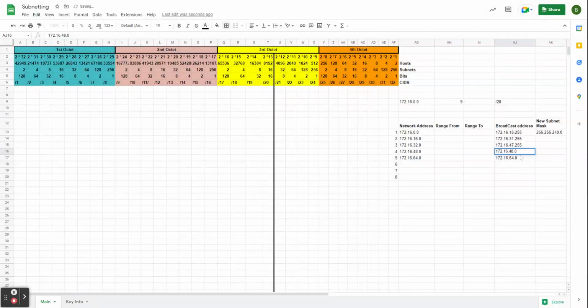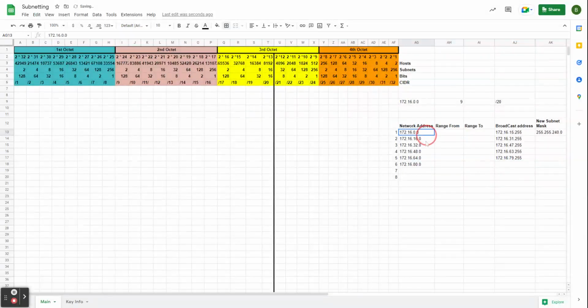The next one, 172.16.63.255. The next network, if you want to make life easier for yourself, would be 172.16.80.0. So this one would be 172.16.79.255. Okay, so those are our broadcast addresses.